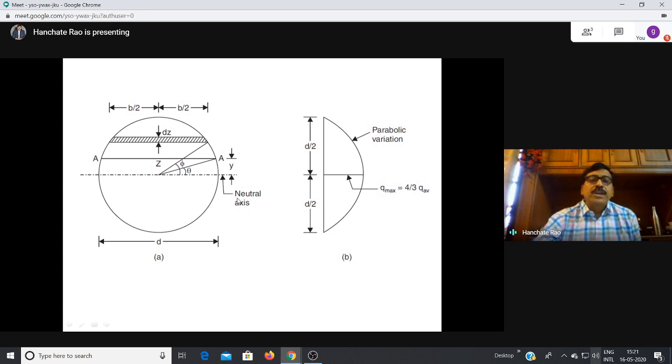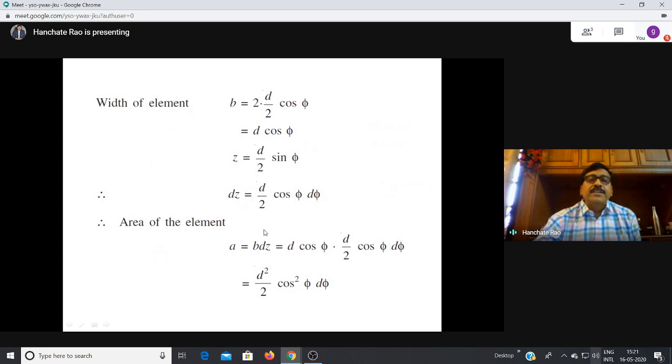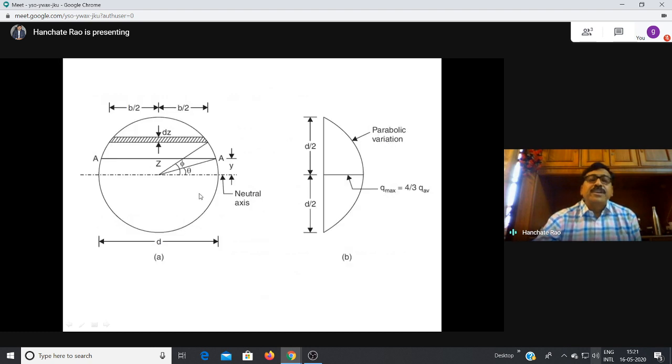To do this, we have to first find out the width of this strip. The width of this small element b is, from the diagram, you consider that the angle made by this element with the neutral axis is phi.